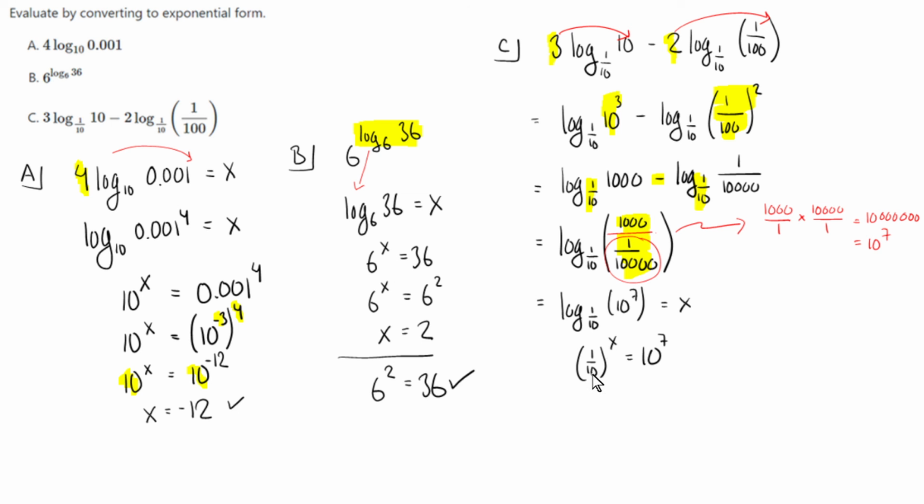So we're going to move the denominator across the division line upstairs, and at the same time, the exponent, which is x, is going to become negative. So it's going to become 10 to the power of negative x equals 10 to the power of 7. Once the bases are the same, we can drop the bases, which leaves us with negative x equals 7. Multiply both sides by negative 1 to get rid of negative x, and we get x equals negative 7.